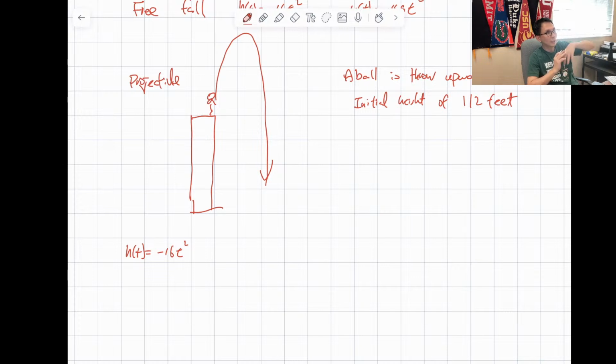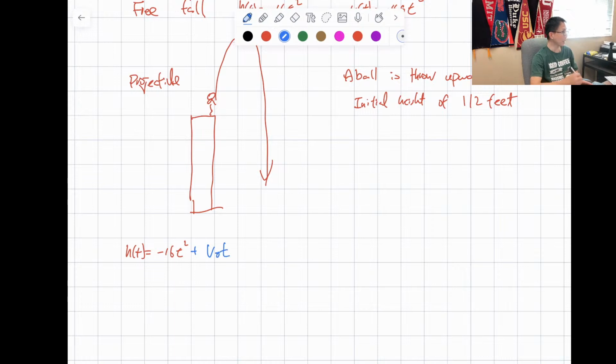But it does matter how fast your hand was moving when the ball left.